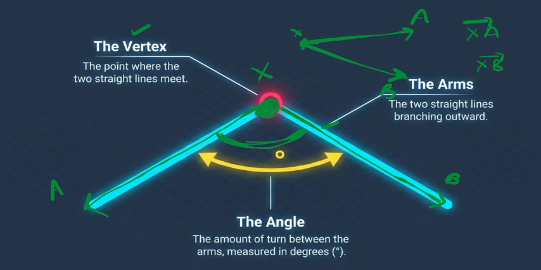If these two rays are farther apart, then the angle becomes bigger. If they are like this, the angle becomes bigger, and if they are like this, the angle becomes smaller. It depends on the space. If the space between these two rays is large, the angle is large, and if the space is small, the angle is small.